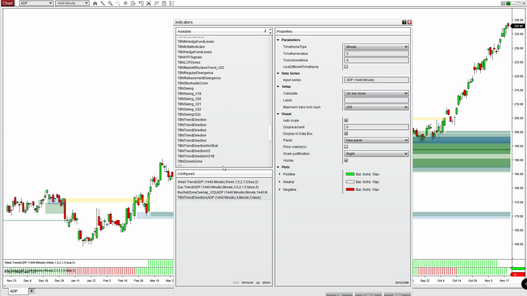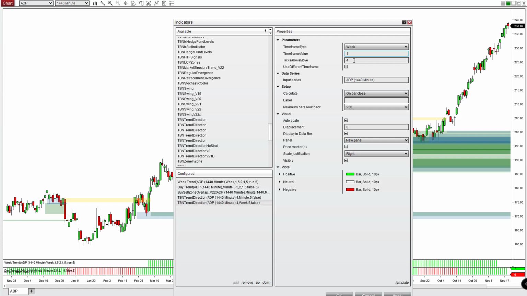for your momentum. So let's just say here that we're just going to show the trend direction for the chart that we're on, but let's say we also want to show the weekly. This is going to show us the momentum trend for the weekly. And ticks above move is when you would notice or when you would change the trend.